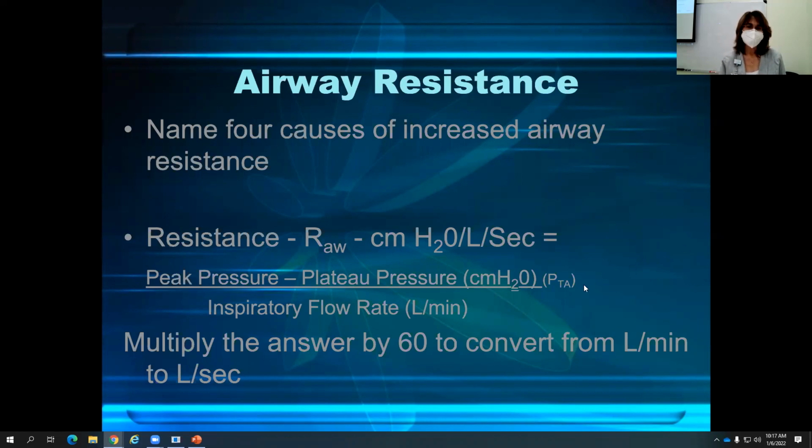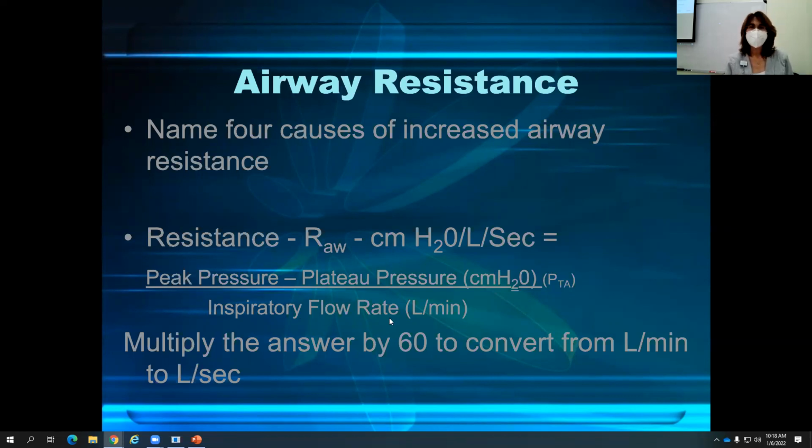That's why you see this capital P with a TA subscript, trans airway pressure. Divided by flow, you come up with your airway resistance. These numbers will be given to you, and all you have to do is plug them into the formula.